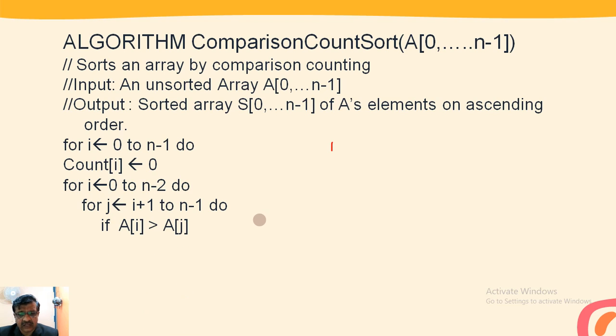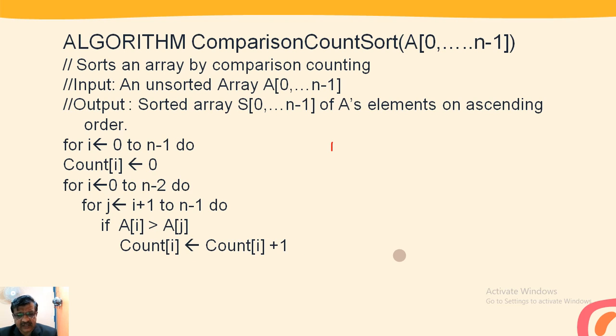Now if A[i], let us say in the first iteration, if A[0] is greater than A[j], then the count for the ith element should increase. Therefore Count[i] will become Count[i]+1.